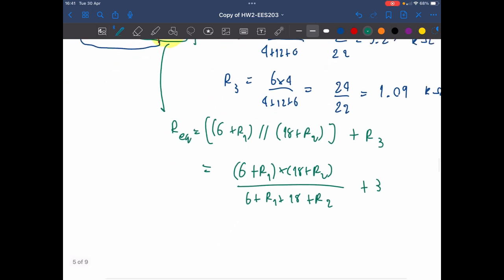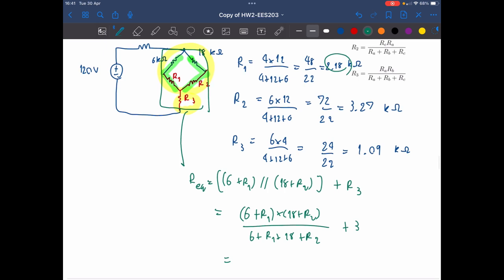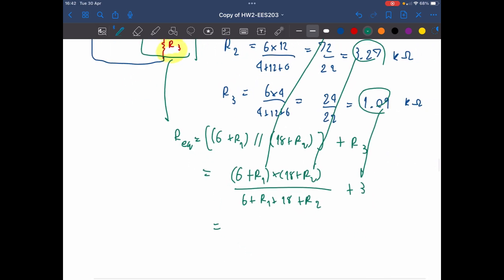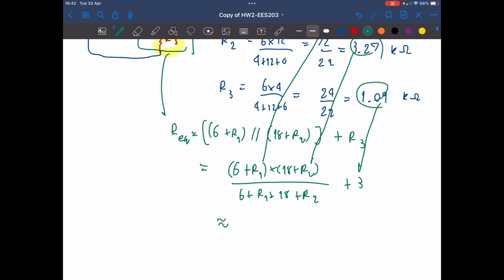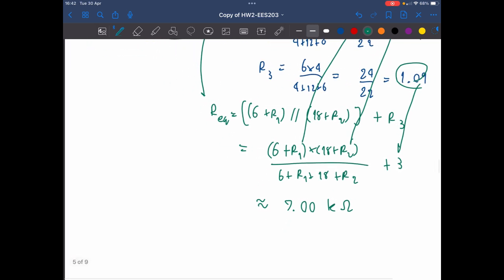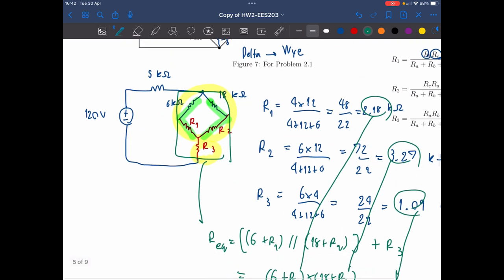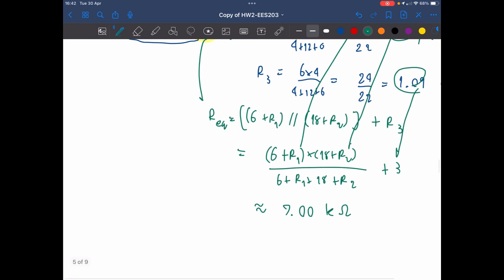Alright, now let's substitute everything that we have here. So in the end, if we substitute everything, the answer will be about 7.00 kilo ohms. Okay, then what do we get here? Let's write the simple circuit again.